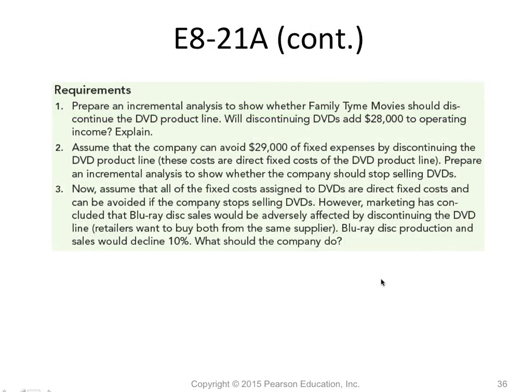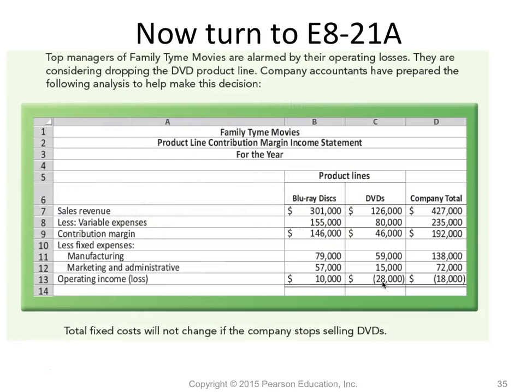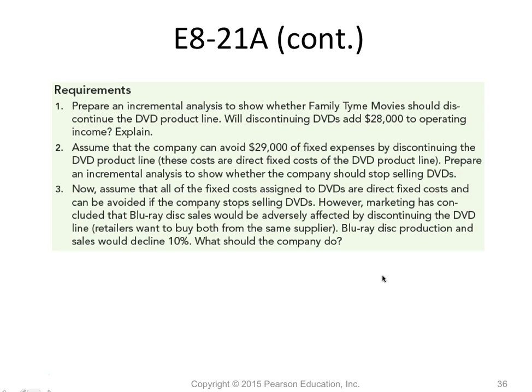So requirement, prepare an incremental analysis to show whether the company should discontinue DVD. We discontinue DVD at $28,000 to operating income. Explain why 28. So 28 is here. Okay.